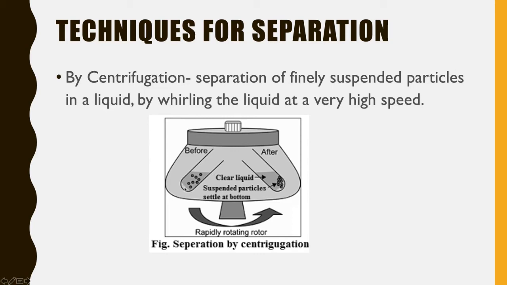And the solvent part, that means the liquid part, will come to the top level. So here it is called the supernatant. And where the solute is suspended, that will be called the residue.